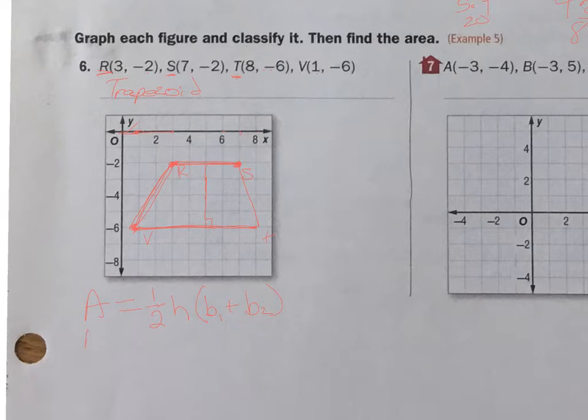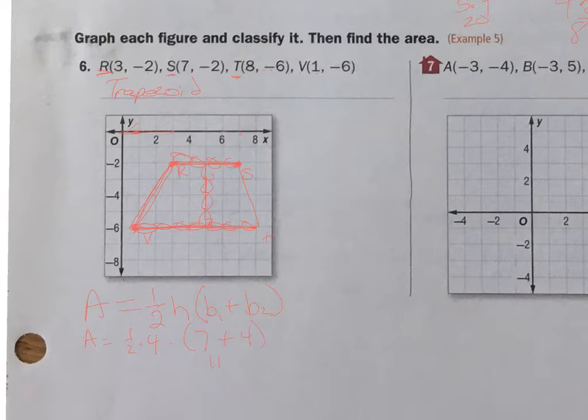Okay, so area equals 1/2 times the height, which is 1, 2, 3, 4, times 4, times base 1, 1, 2, 3, 4, 5, 6, 7, plus 1, 2, 3, 4.